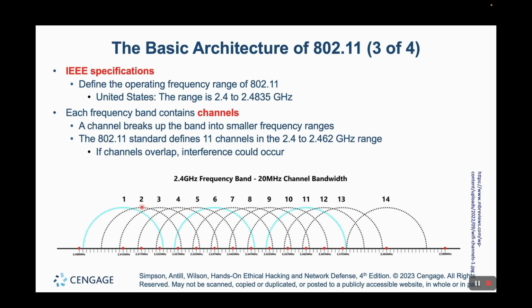However, you can only have three non-overlapping channels. You see that here: 1, 6, 11, and so on, and 14 can also be added. This means no overlap, and you can see it here, between the first channel and the second channel there is a gap that's not being used.